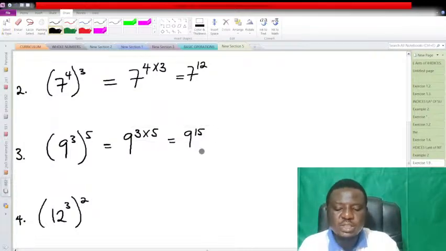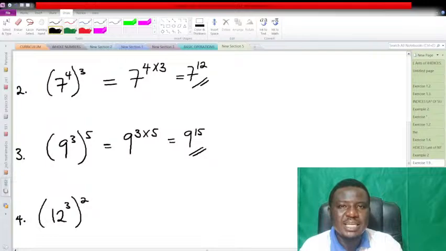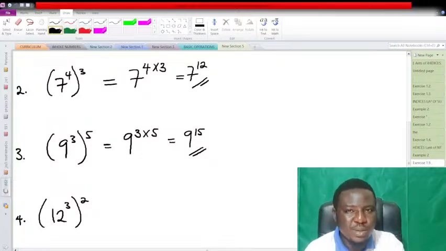The question says we should leave our answer in indices form. So you are to leave it in this form. Otherwise, if you are to leave it in ordinary form, you have to multiply 7 times 7 times 7 in 12 places.